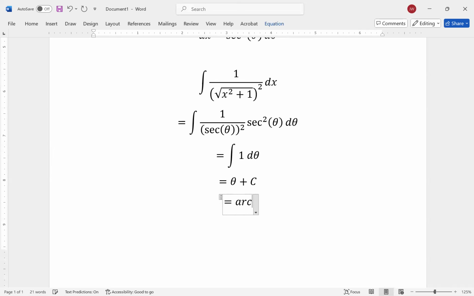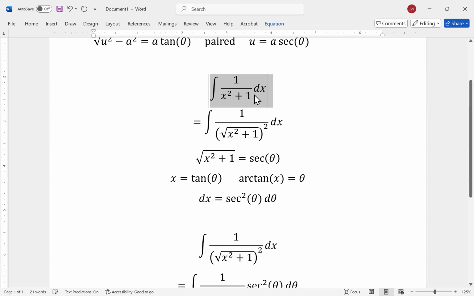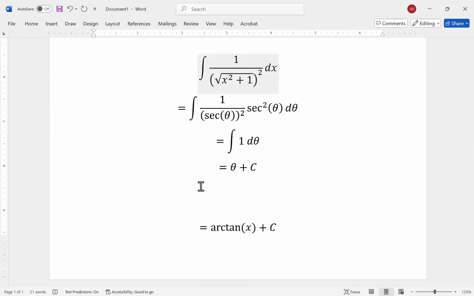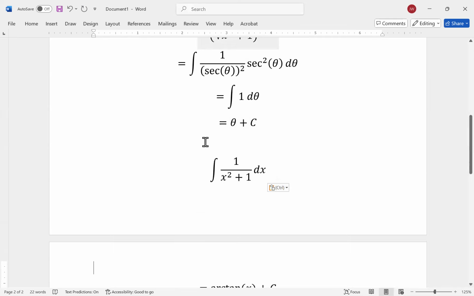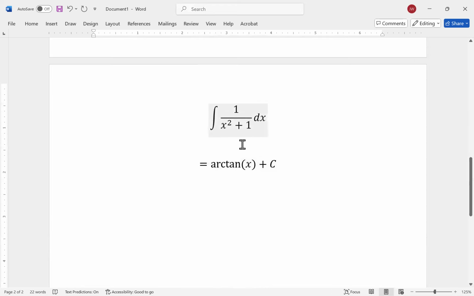So this is the arctangent of x and then plus c. So the antiderivative of this rational function is arctangent.